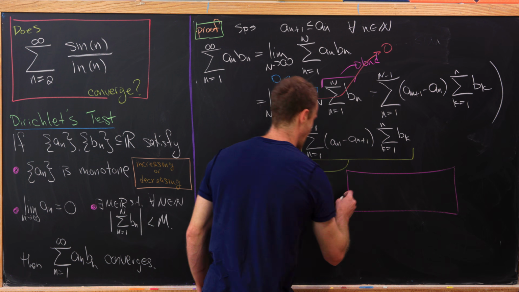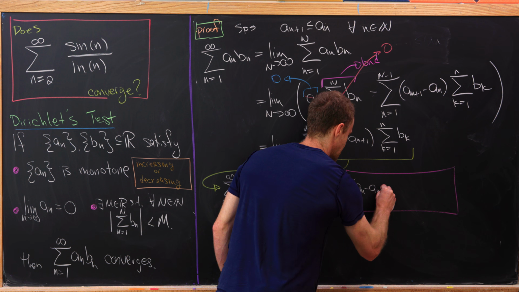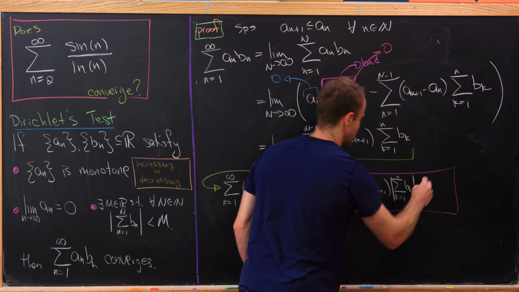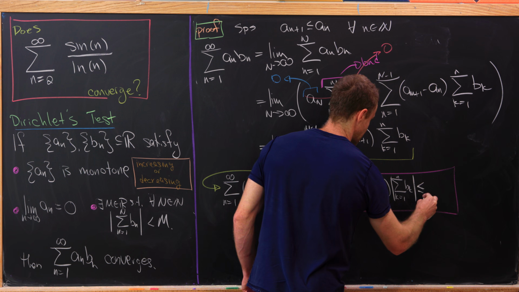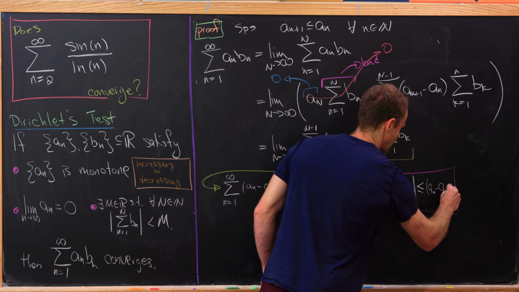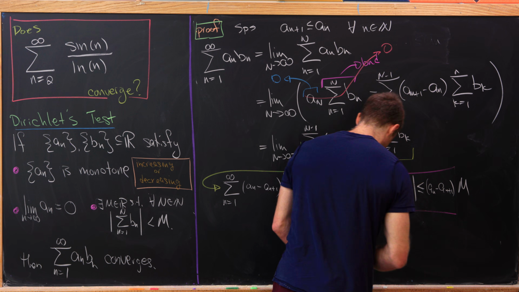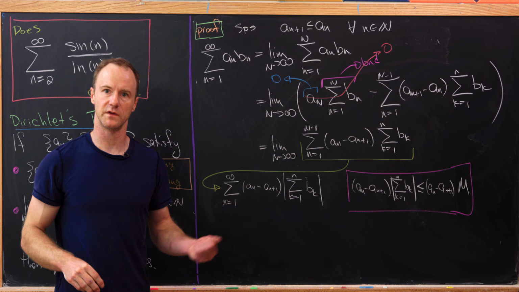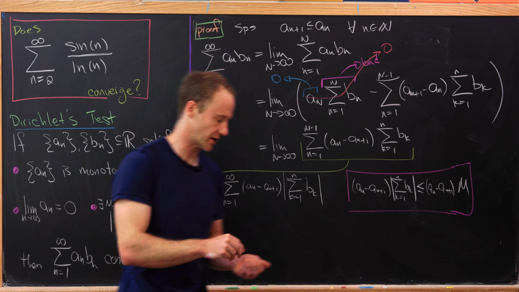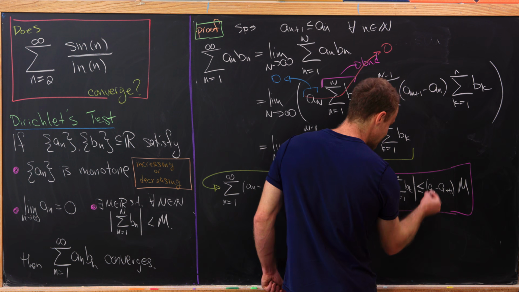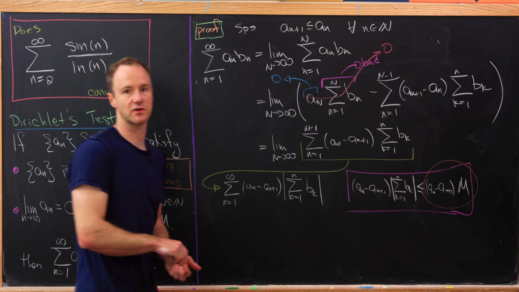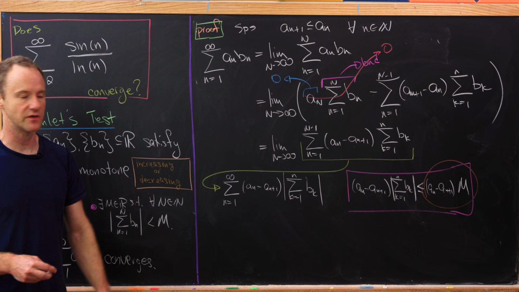Well, let's note that a_n minus a_{n+1} times this sum as k goes from 1 to n of b_k, in absolute value, is most definitely less than or equal to a_n minus a_{n+1} times our capital M, where that capital M is the bounding number for the b_k sum that we assumed over here. Now, if we can show that this thing converges, then this thing converges, and thus this thing converges over here. So can we show that thing converges?